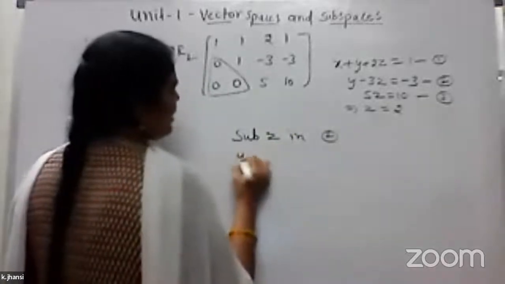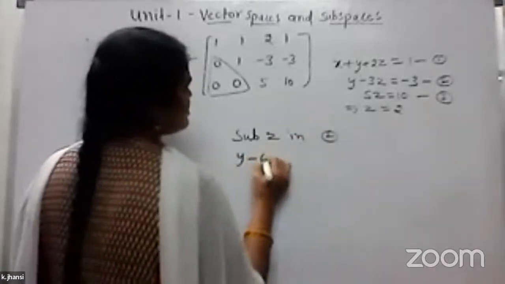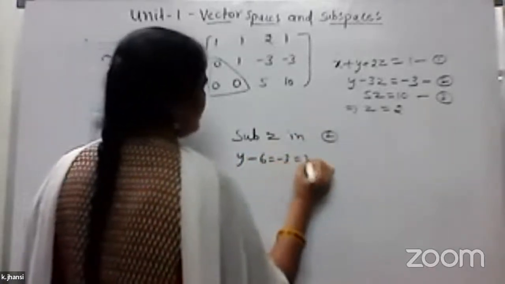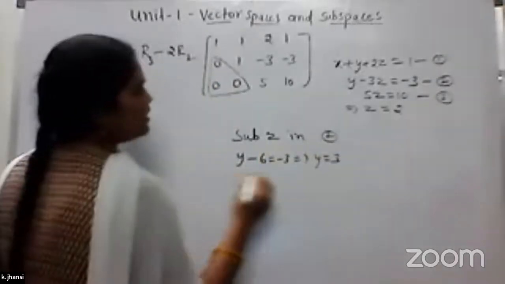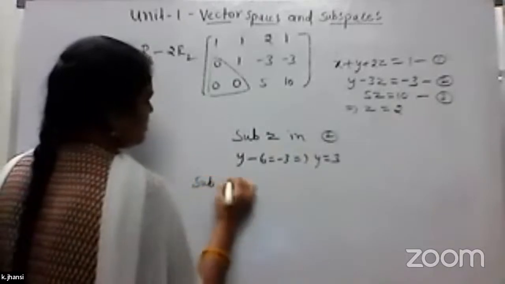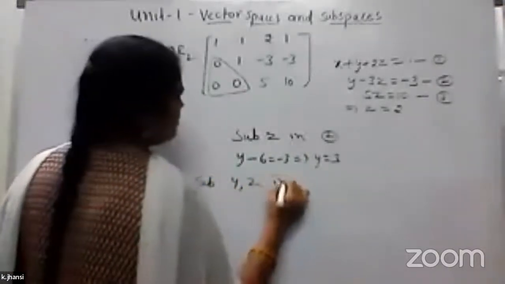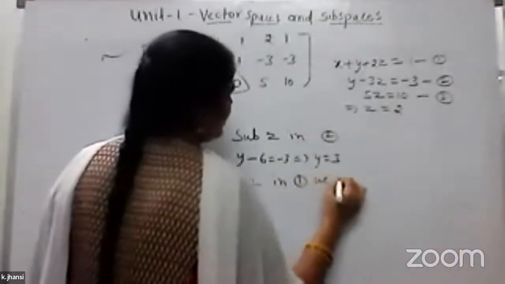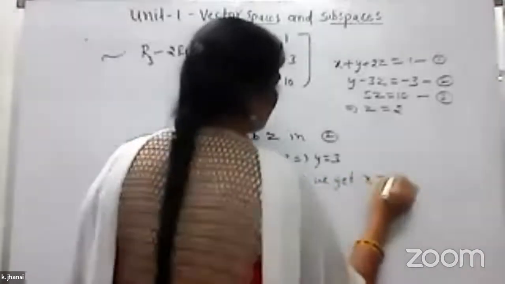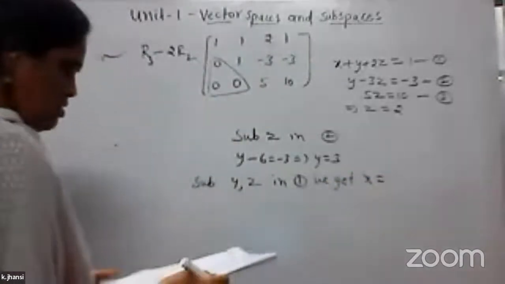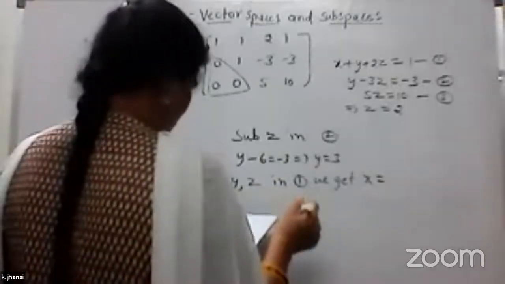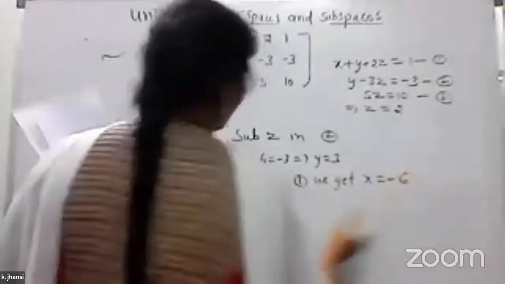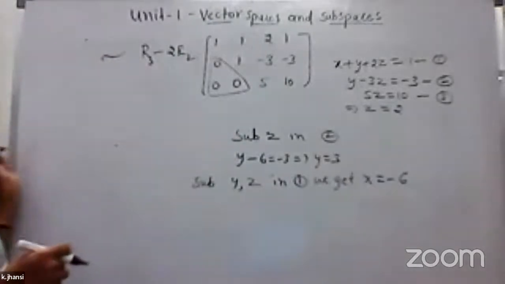You will get y minus 3 times 2 equals minus 3, which implies y equals 3. So substitute y and z in the first equation. So we get x equals, all of it, x is minus 6 you will get. So we got the x, y, z values.